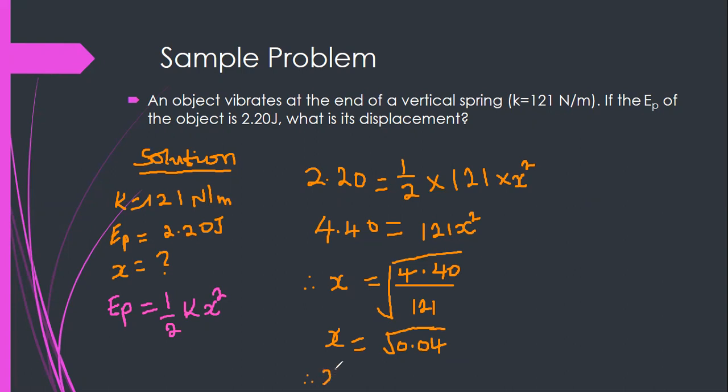When you take the square root, it is approximately 0.2, and our unit should be in meters, so 0.2 meters. This is the displacement. So its displacement is 0.2 meters. This is how to apply this formula, this equation.